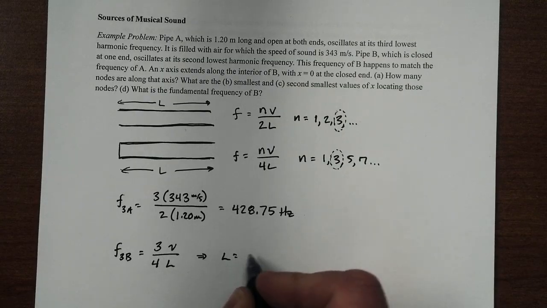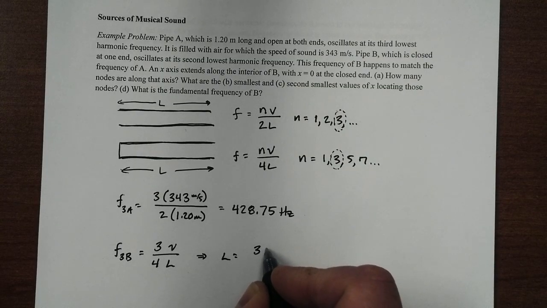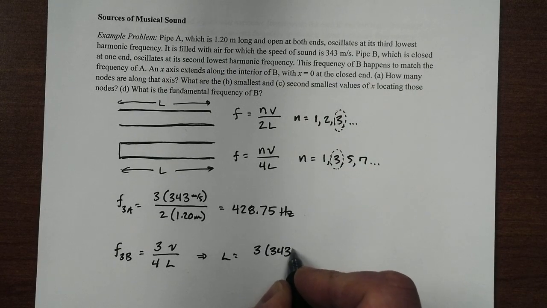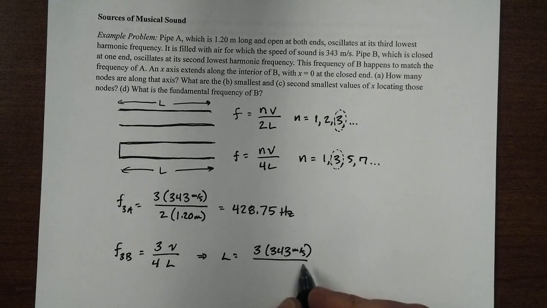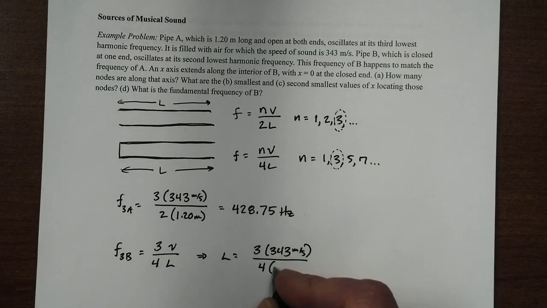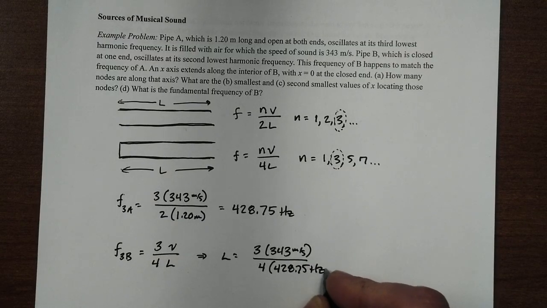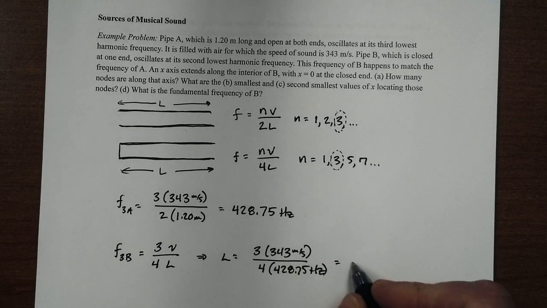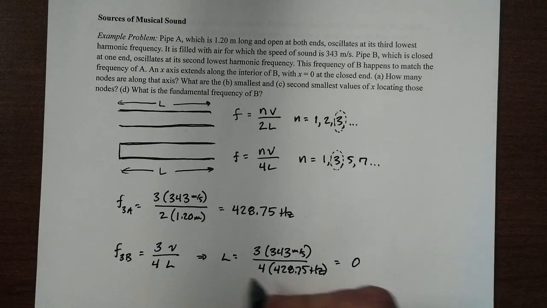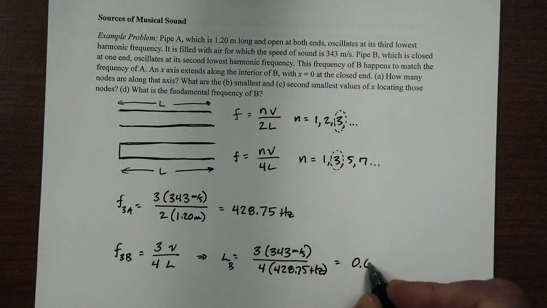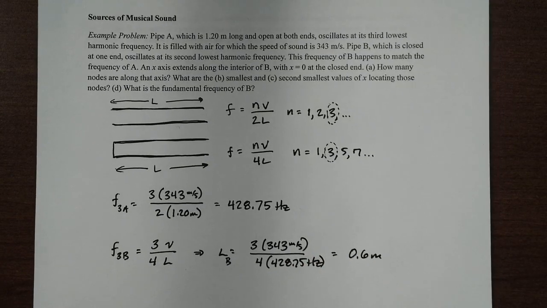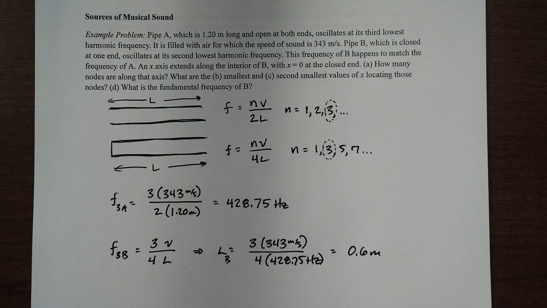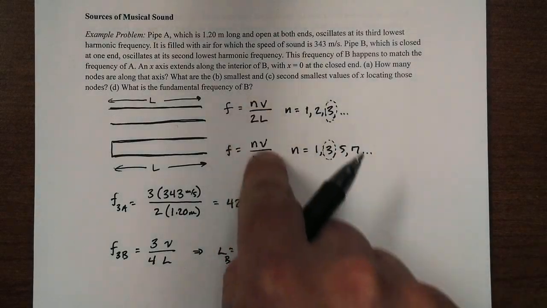Well, then we can say the length of the pipe is 3 times the speed of sound, which is 343 meters a second, over 4 times this same frequency, right? We're producing a matched frequency in this pipe. And if you push all that into a calculator, you will find that the length of pipe B is half of the length of pipe A. It's 0.6 meters.